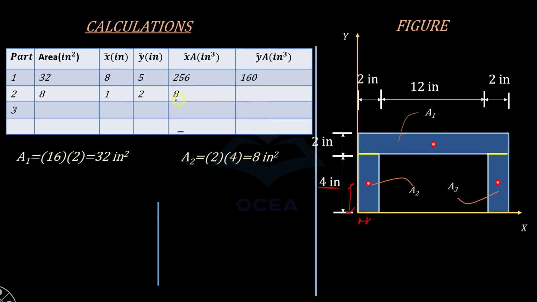And similarly, we can calculate this value by multiplying x into a, that is 8 multiplied by 1 would give us 8, and this value is going to be equal to y into a. 8 multiplied by 2 is equal to 16.